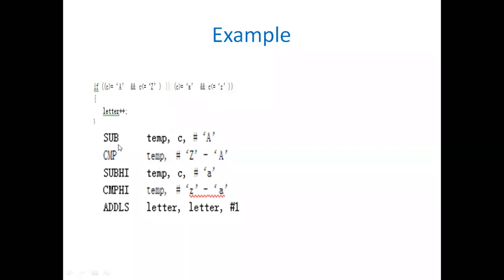What I'm doing is that a temporary C is subtracted with A, and compared with Z minus A. These instructions are subtract, compare HI, and add LS.